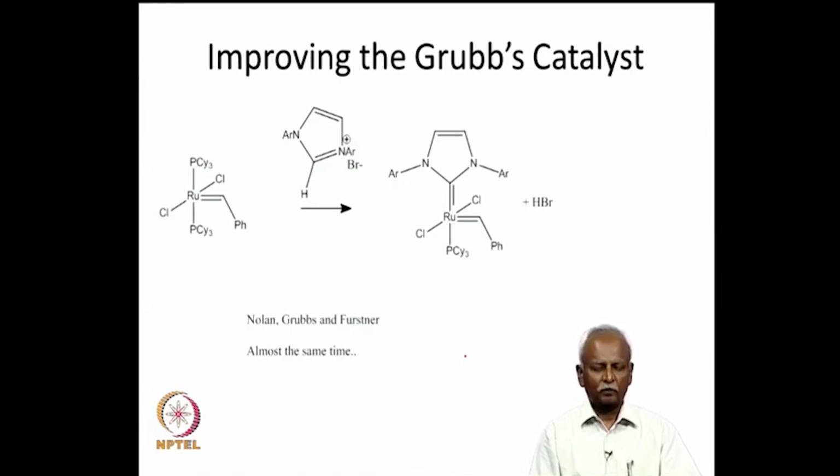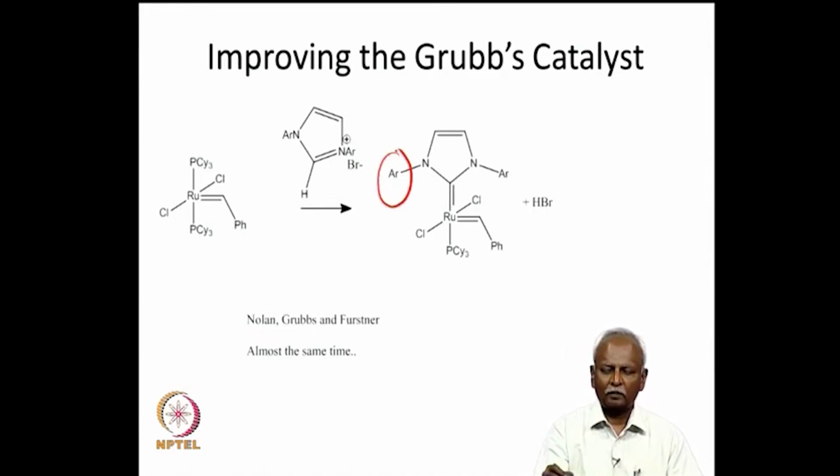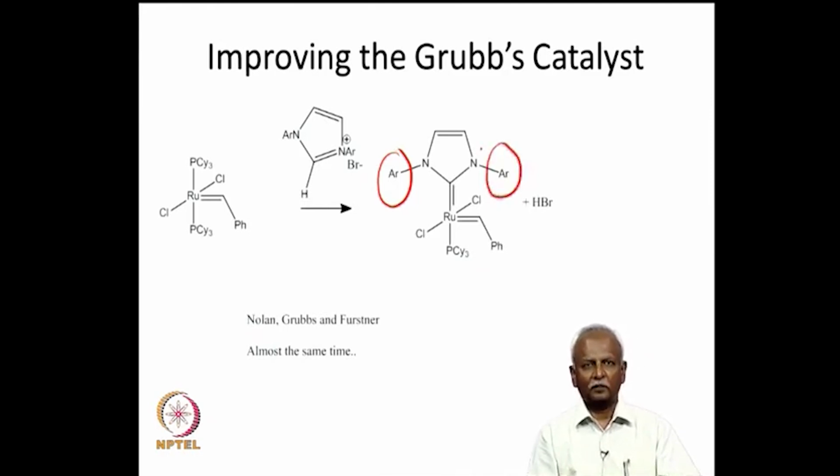And three people, Nolan, Grubbs and Fürstner, discovered that if you can attach an N-heterocyclic carbene, which we have encountered earlier, to the ruthenium, replacing one tricyclohexylphosphine on the ruthenium with a carbene, then the catalyst turns out to be much more reactive, much more useful, and presumably the electron density on the ruthenium is increased, and it is also true that you have large aryl groups which protect the ruthenium center from unnecessary reactions and decomposition.